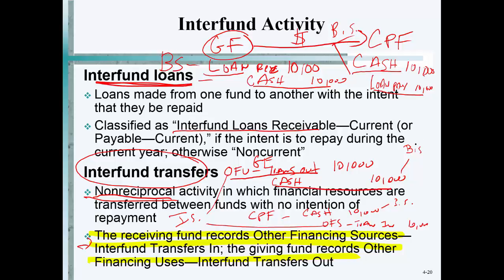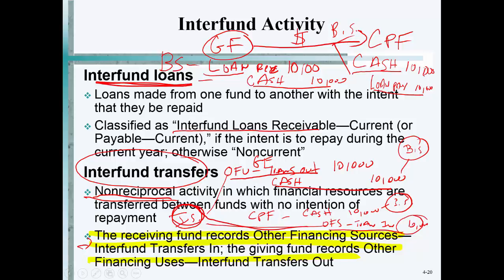Now, other financing uses is reported on the operating statement, isn't it? Of course, cash is on the balance sheet. And then in the capital project fund, they will debit cash and credit other financing sources, transfer in, for $10,000, and you can see that gets reported on the operating statement.